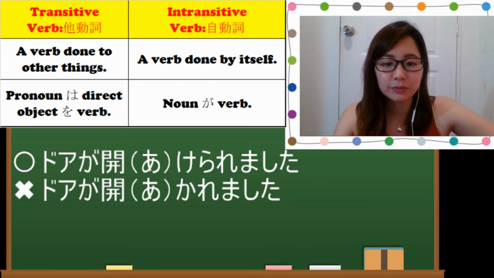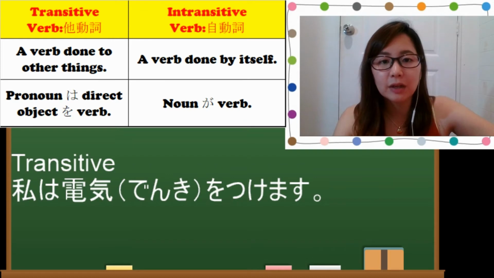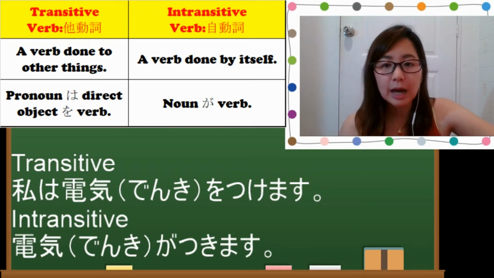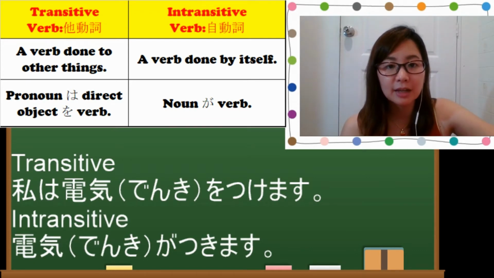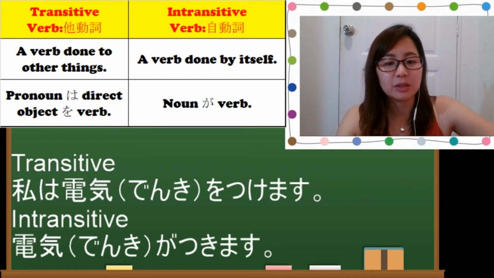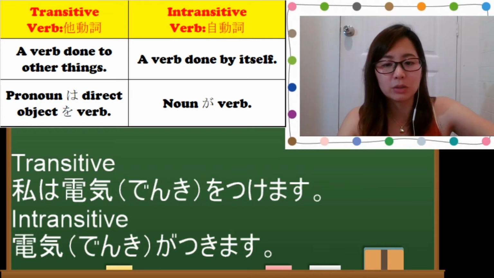Another example. I switched on the light is 私は電気をつけます。Intransitive will be 電気がつきます。The light is on. When we want to make it passive form, we can only use the transitive.